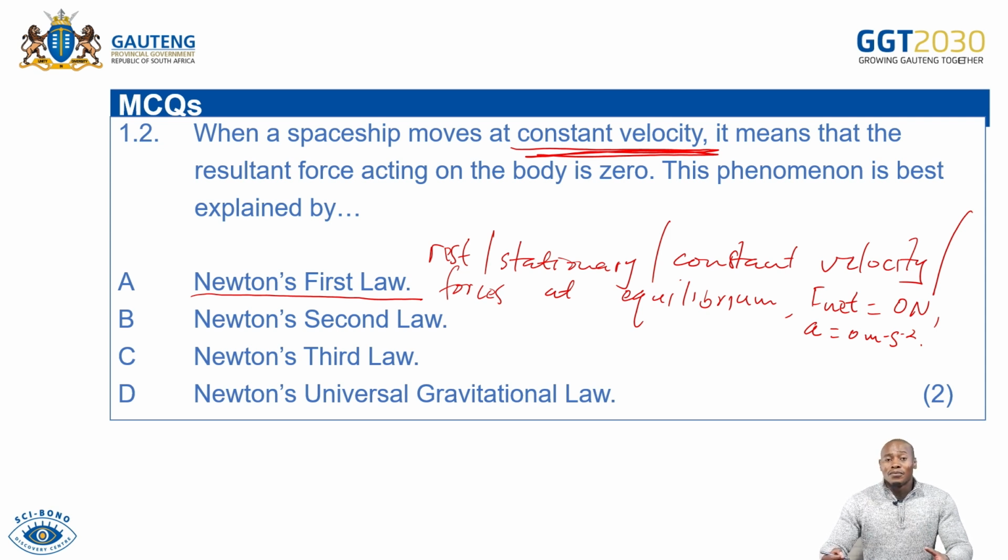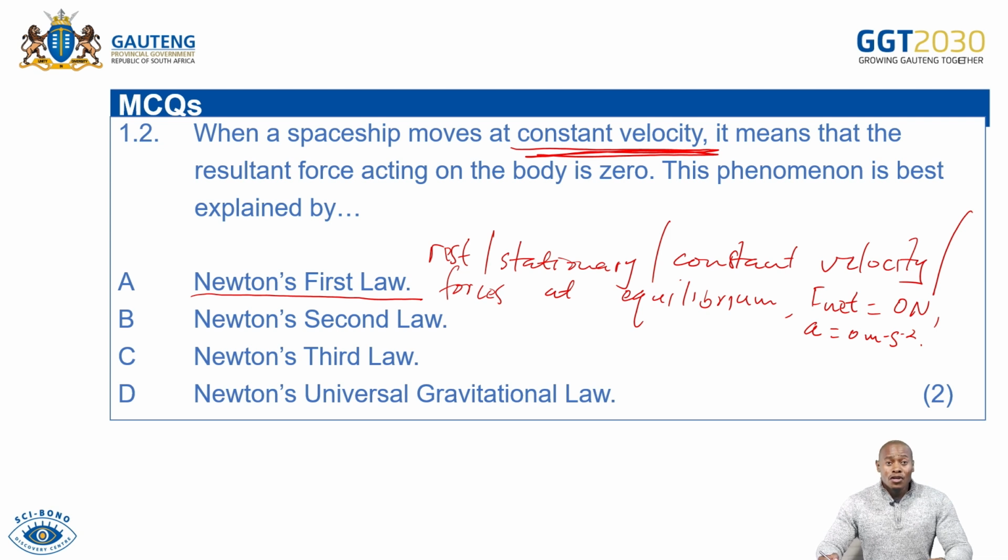And if the sum of the forces acting on that object is equal to 0 newtons, it means that even the acceleration of that object or of that system is 0 meters per second squared. Okay, so that is application of Newton's first law, right?